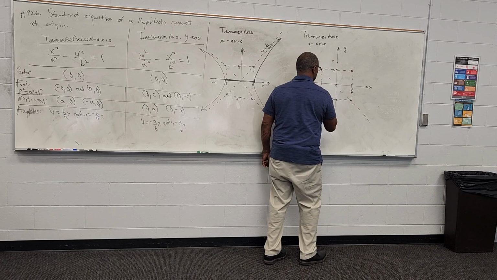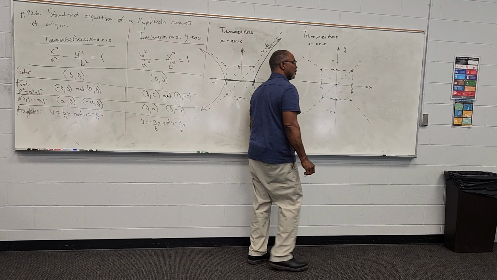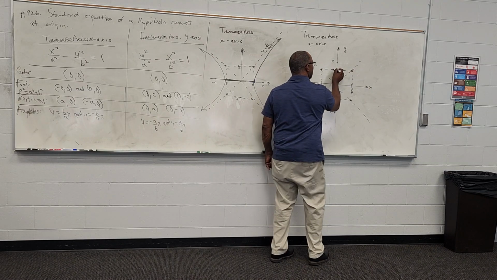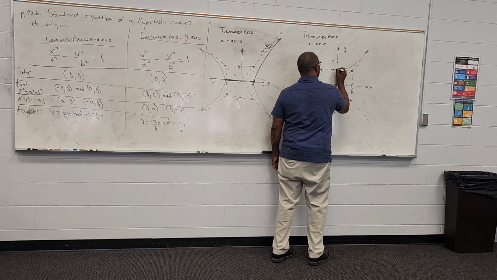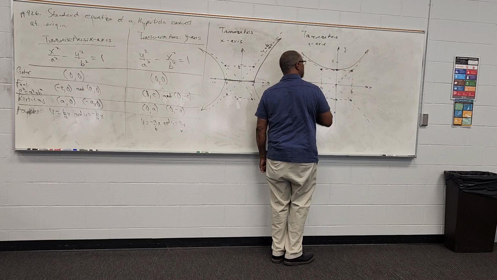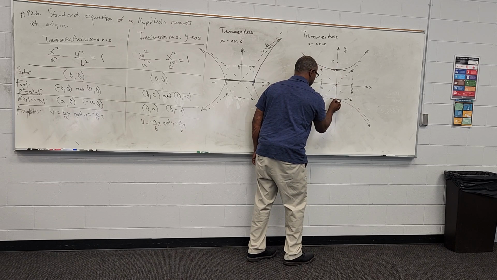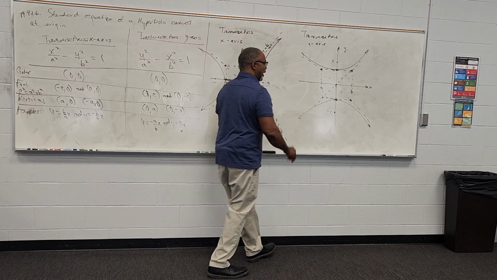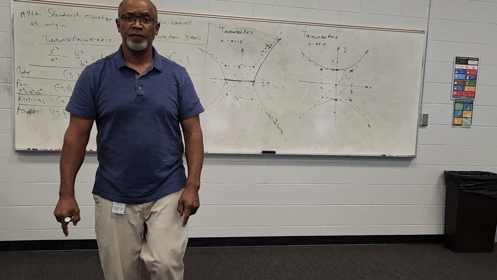Form the box, get the other two corners. That'll be the other asymptote. Use the vertex and the asymptote to draw your hyperbola. Vertex, asymptote. The asymptotes help you define the curvature of the hyperbola.